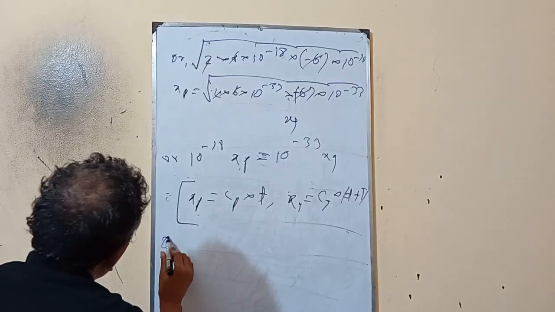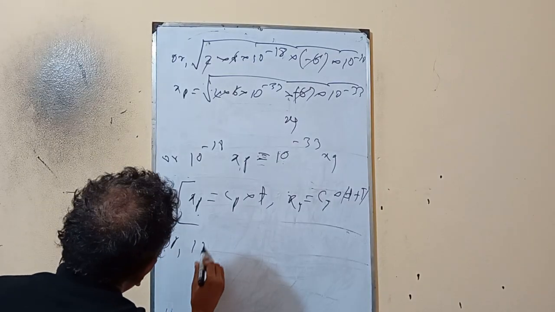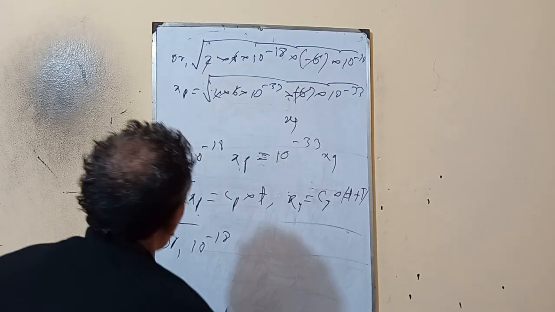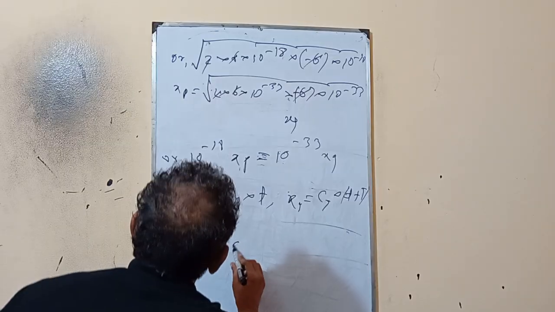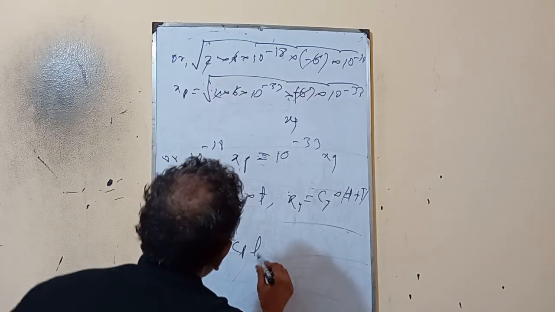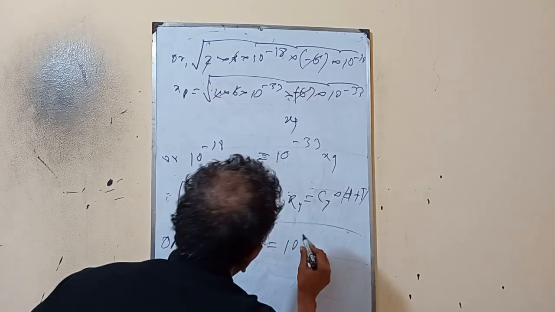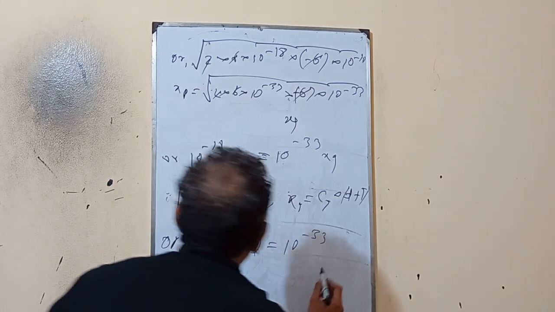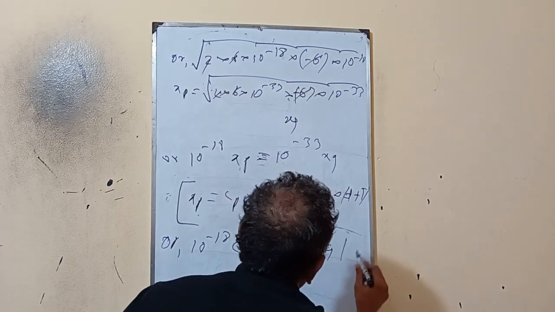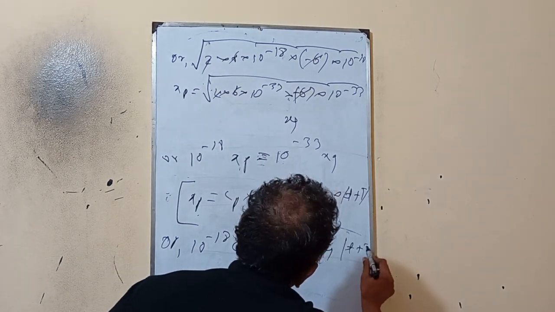Now we have 10 to the minus 18 CP and 10 to the minus 33 P plus T.